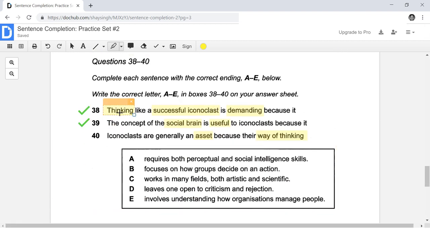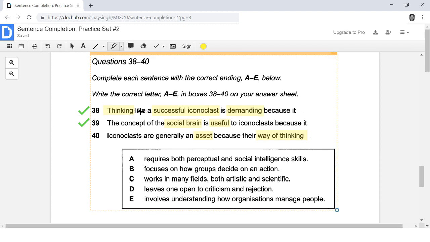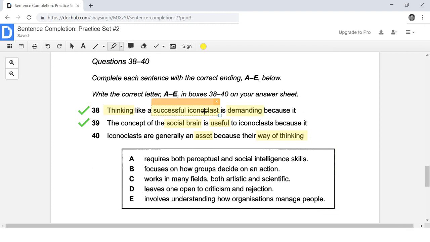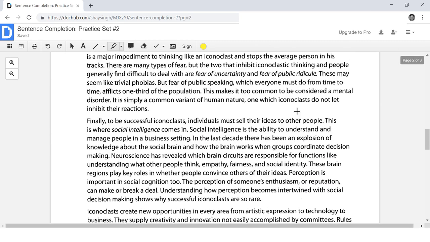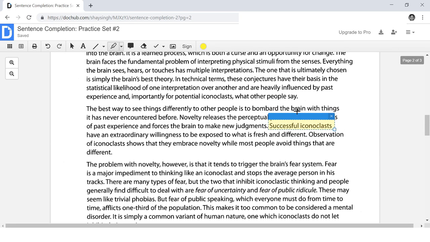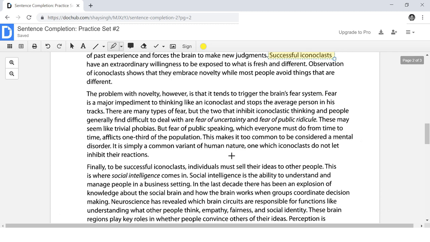Let's see if we can find these other keywords, thinking and demanding. So the question says, thinking like a successful iconoclast is demanding because why? We want to find out the reason why being a successful iconoclast is demanding. So here, I mean, it's not saying anything about demanding, why being a successful iconoclast is demanding.